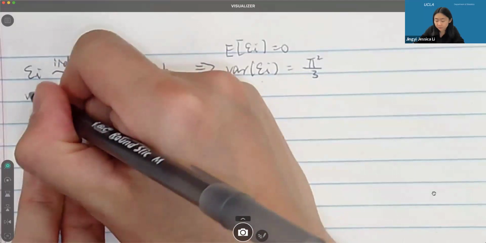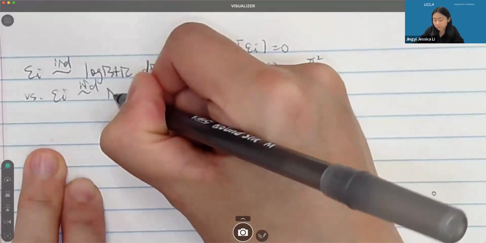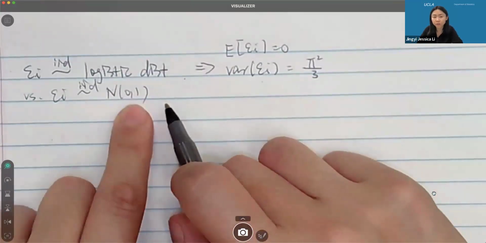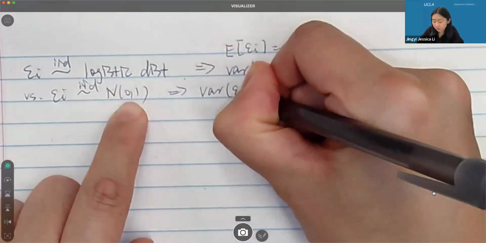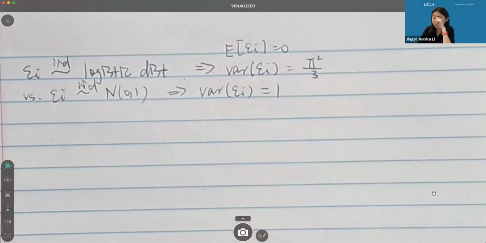Versus if you have epsilon i IID standard normal, as in our example 1, the probit regression, in that case the variance of epsilon i is just 1. So the two variances are not on the same scale.